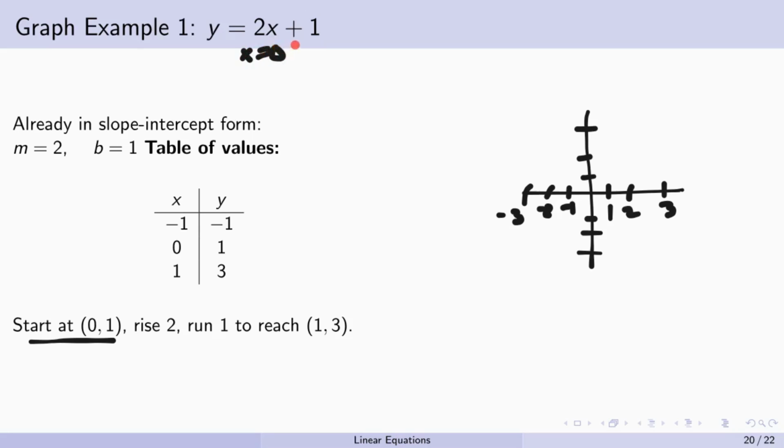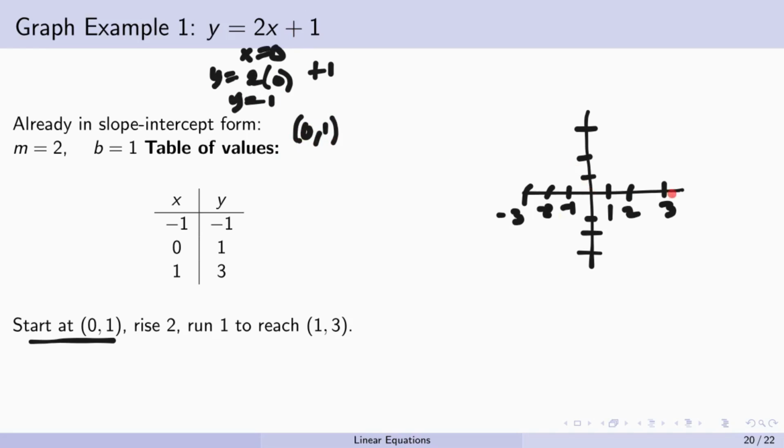It's a standard process. y is equal to 2 times 0 plus 1, that gives us y is equal to 1. Therefore, the first point that you can draw in the graph is 0, comma 1.